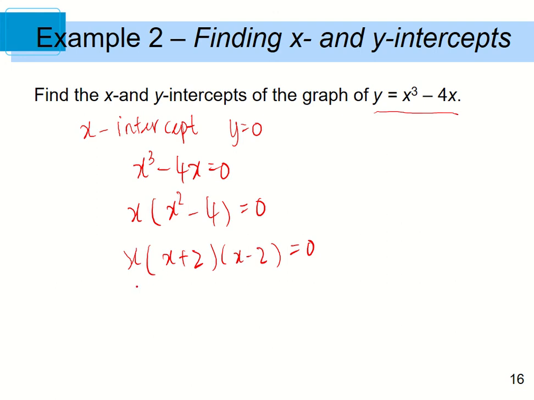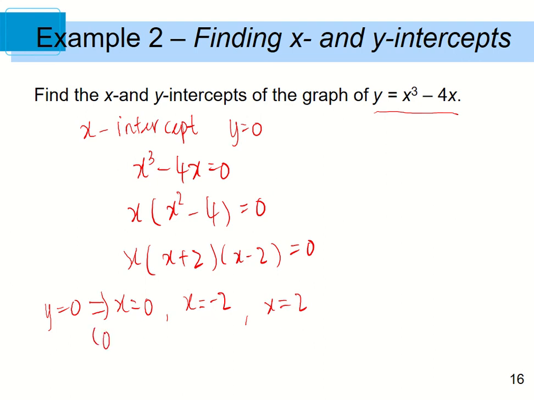From here, we know that when y is 0, the x is 0. And x plus 2 is 0, so x is negative 2. And x minus 2 is 0, so x is 2. So how many x-intercepts are there? 3.